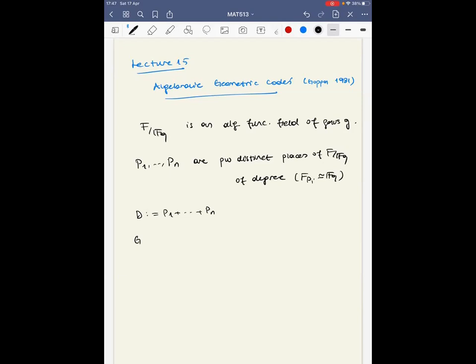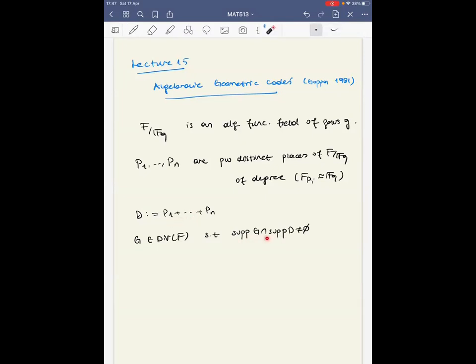And separately, we consider a divisor G whose support does not contain any of the given distinct places P_i.